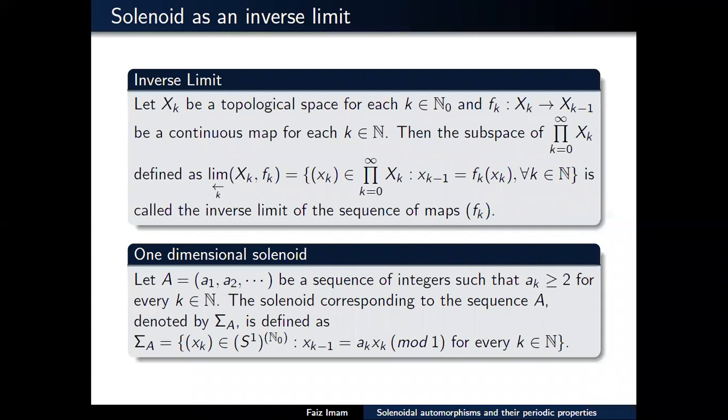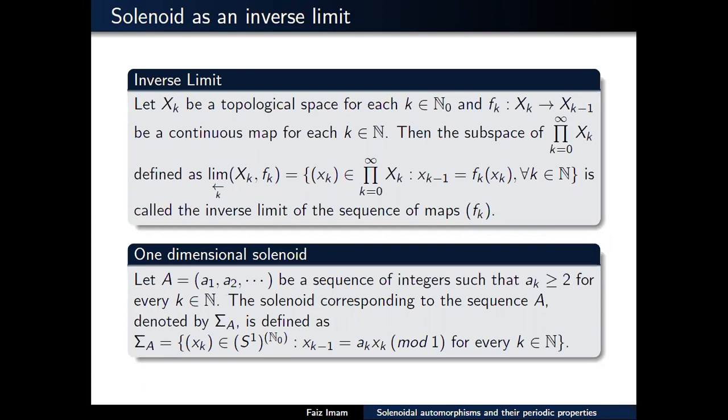Instead of wrapping it twice at every stage, I start wrapping it arbitrarily. So we have A1, A2, and so on, a sequence of integers such that ak is greater than or equal to 2 for every k belonging to N. The dyadic solenoid, which I showed you, corresponds to the constant sequence 2, 2, 2, 2, 2, and so on.